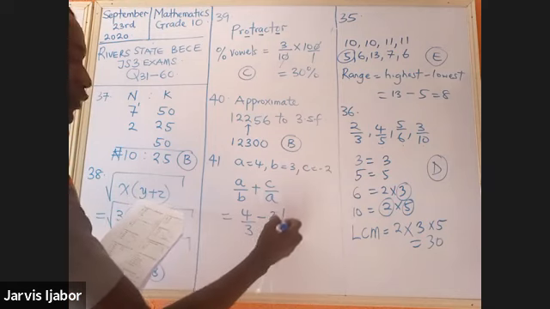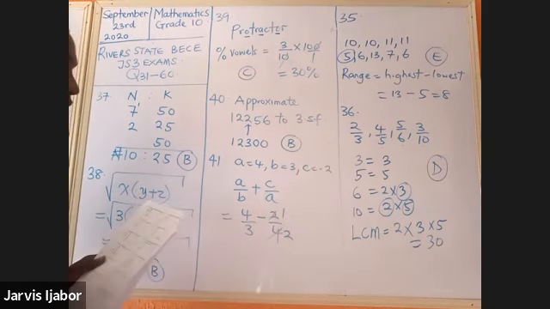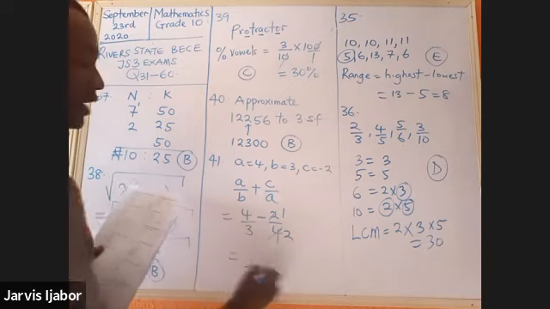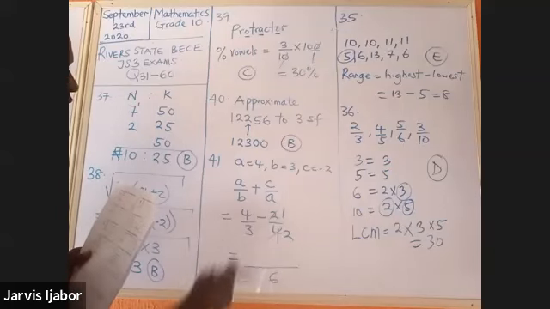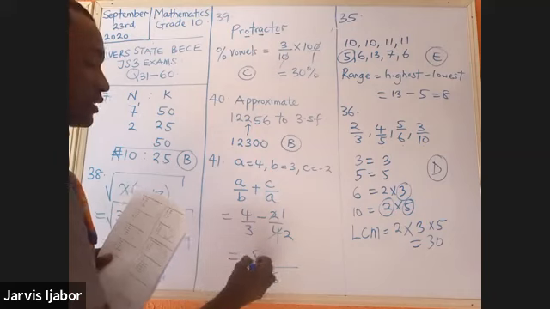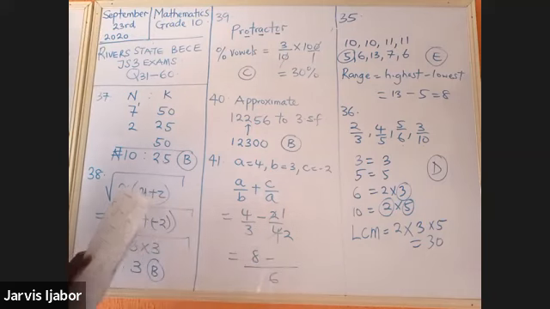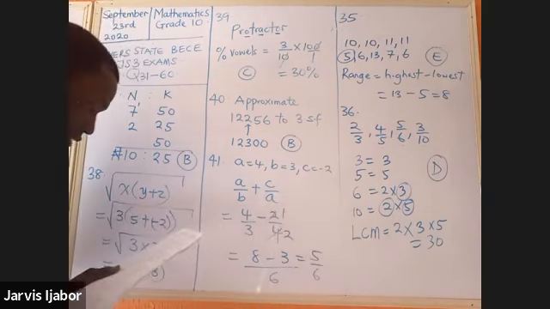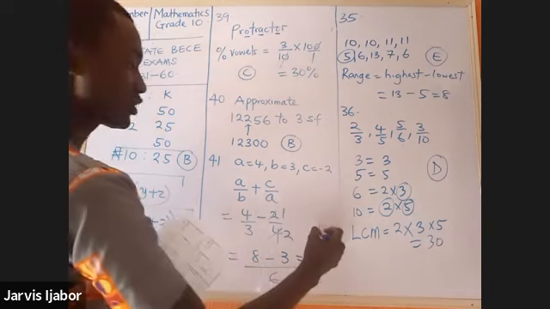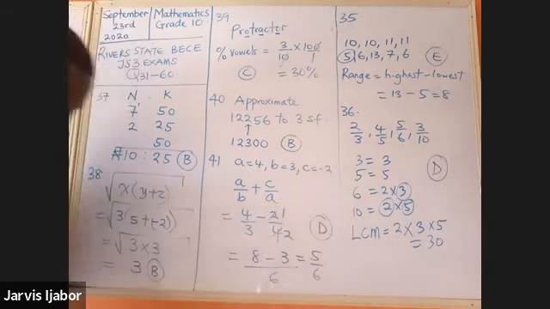What is 2 over 4? 2 over 4 is 1 over 2. So we take LCM to be 6. 3 and 2 will be 6. 6 divided by 3 will give me 2 times 4, 8, minus 6 divided by 2 will give me 3 times 1, 3. That will give me 5 over 6. So the answer there is 5 over 6, and that option is D.